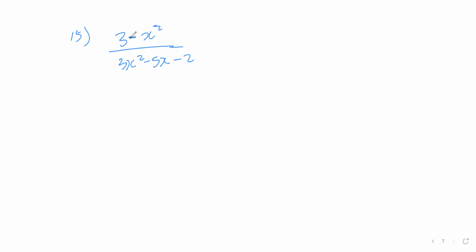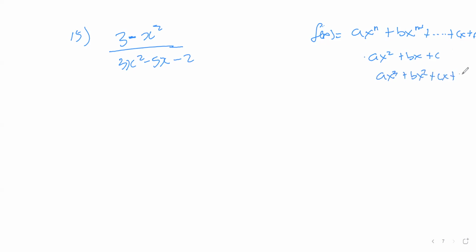So in general, take note that polynomials are functions of the form ax to the n plus bx to the n minus 1 plus and so on, plus cx plus d. Quadratics are typical examples: ax squared plus bx plus c, or ax cubed plus bx squared plus cx plus d.